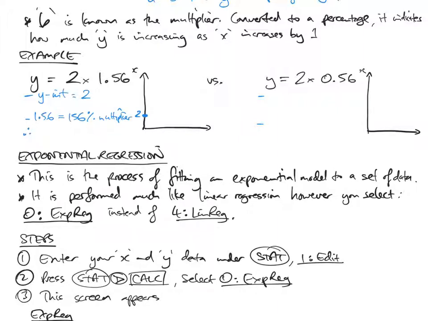Therefore, y increases by 56% every increase in x by 1. So every time x increases by 1, y is going to be increasing by 56%, as indicated by this 156% multiplier, which was 1.56. And this graph would appear like going up in this direction. Okay?